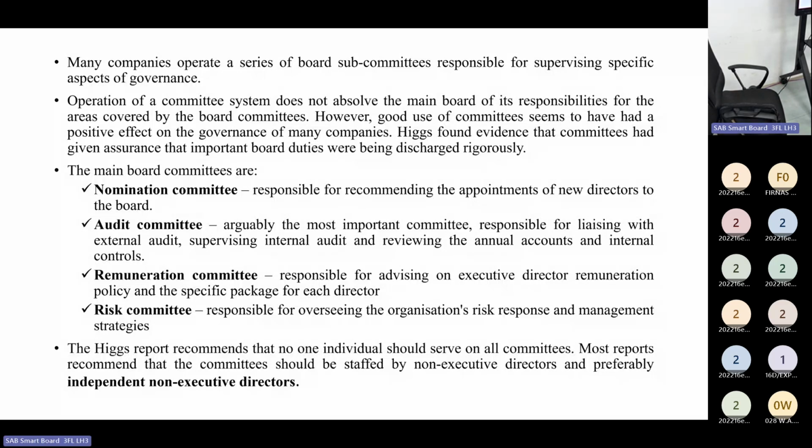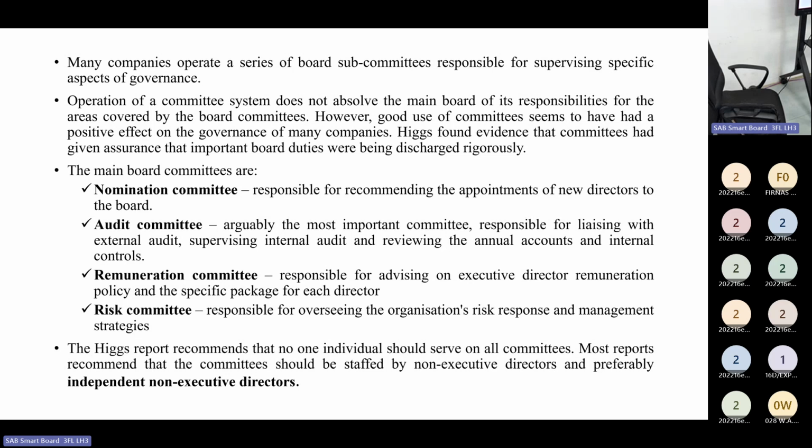And the last one, it says the Higgs report recommends that no one individual should serve on all committees. Most reports recommend that committees should be staffed by non-executive directors and preferably independent non-executive directors. Right? So for these committees, you should not have the same people in all the committees.